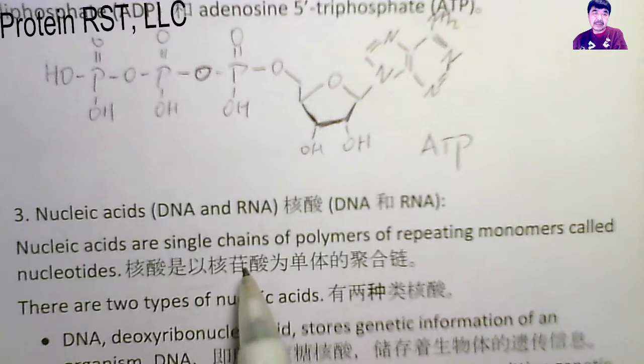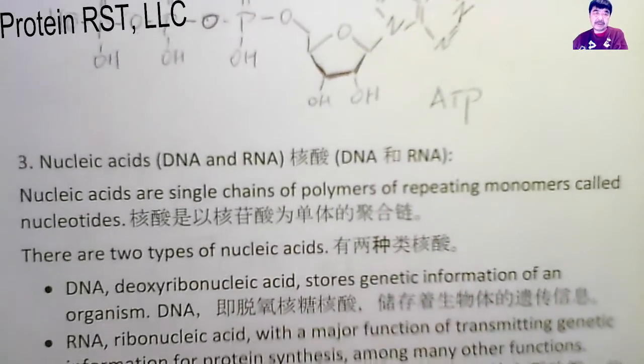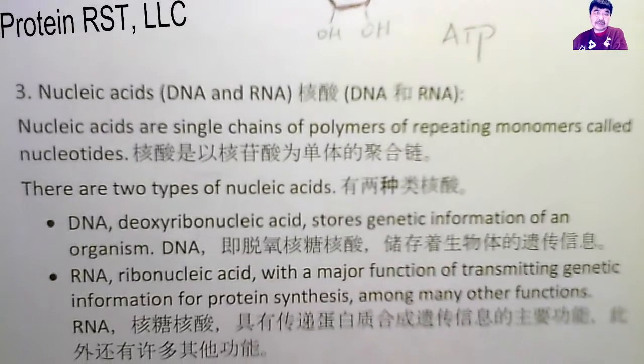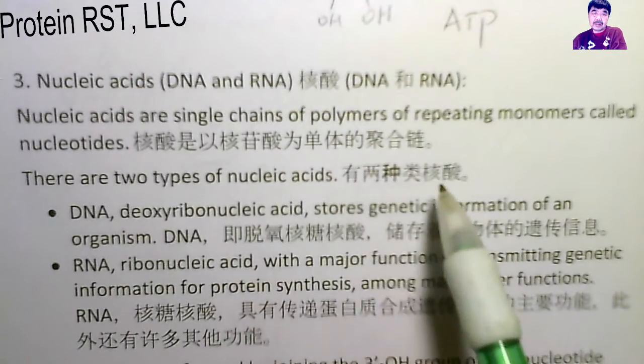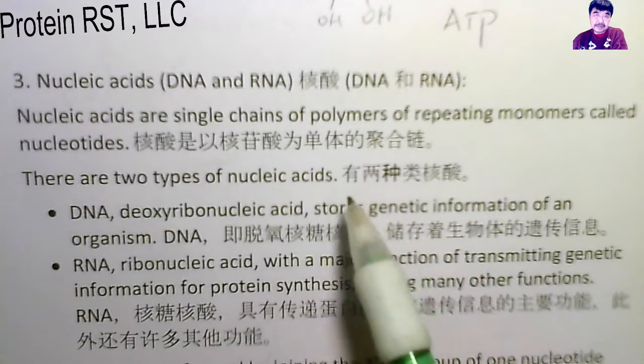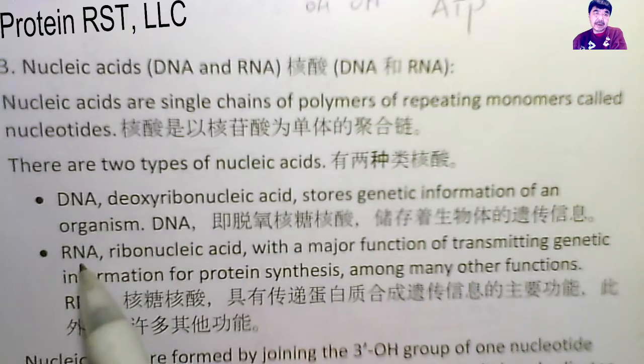Nucleic acids are polymer chains with nucleotides as monomers. There are two types of nucleic acid. The first one is DNA. The second one is RNA.